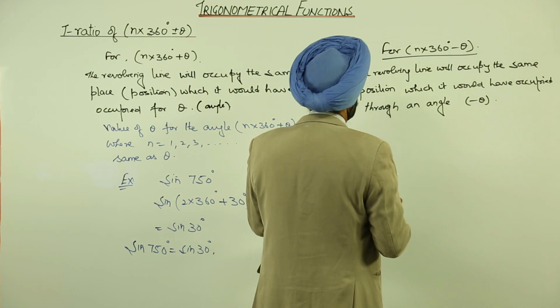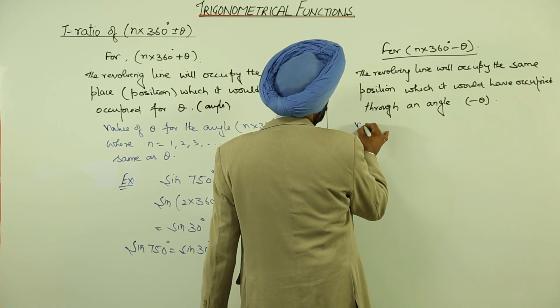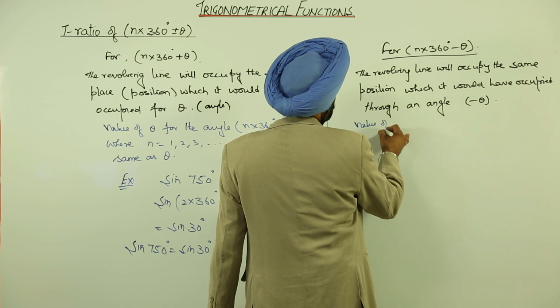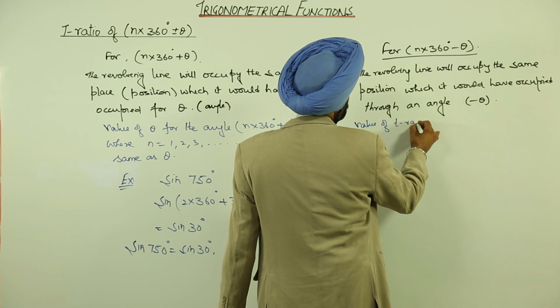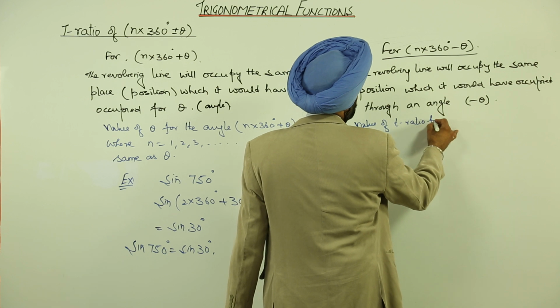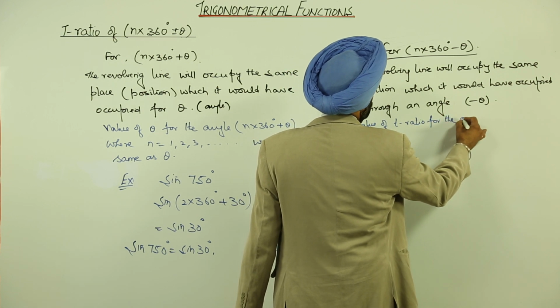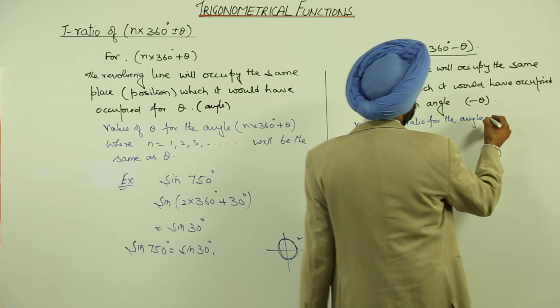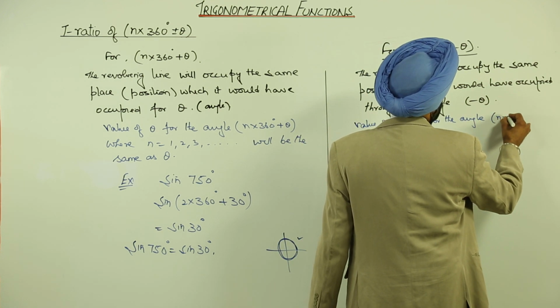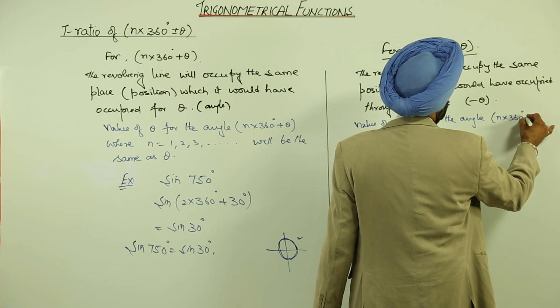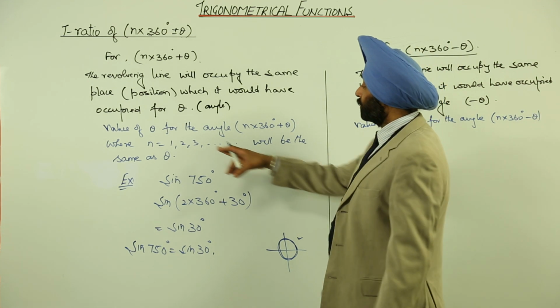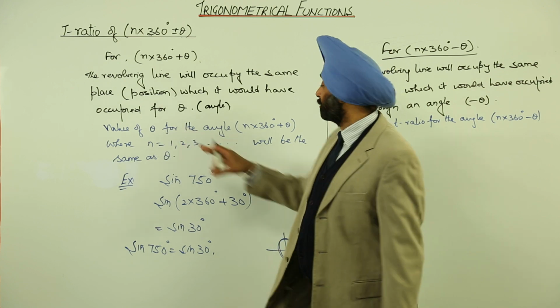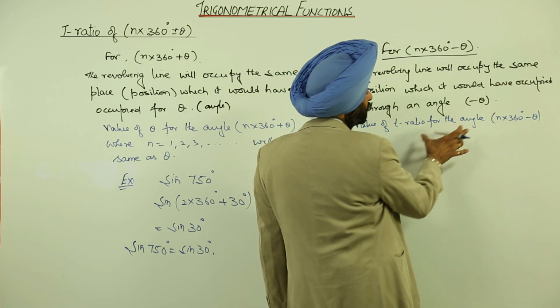Now the value of T ratio for the angle n times 360 degree minus theta. Now here I have value of theta, it is one and the same thing. Theta means T ratio for the angle, okay.